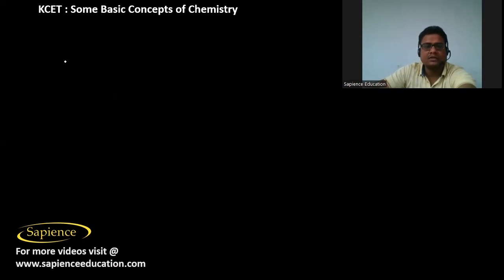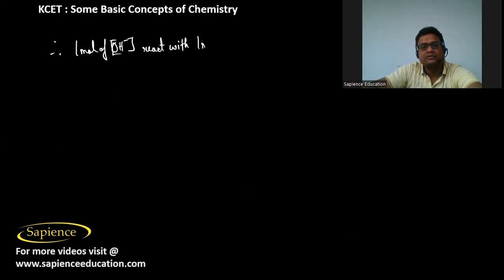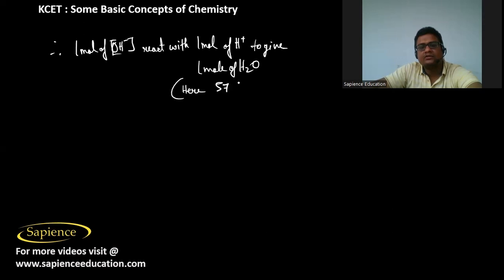Now, therefore, we know that when 1 mole of OH minus ions react with 1 mole of H plus ion to give 1 mole of H2O, 57.1 kilojoule of heat is liberated.